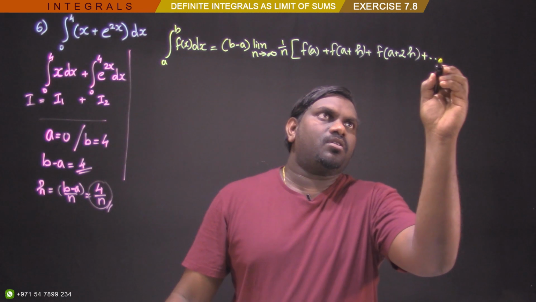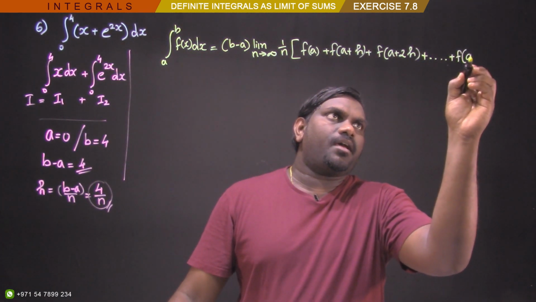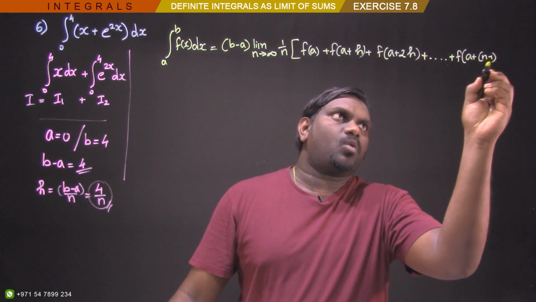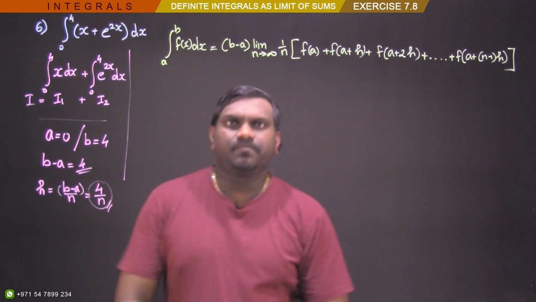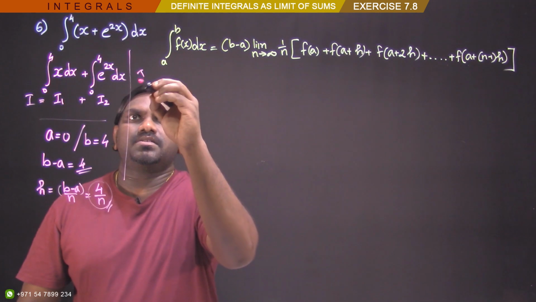As it goes on, up to f of a plus n minus 1 times h, right, dear? Yes, so we have the formula here. What you need to find first is I, dear.